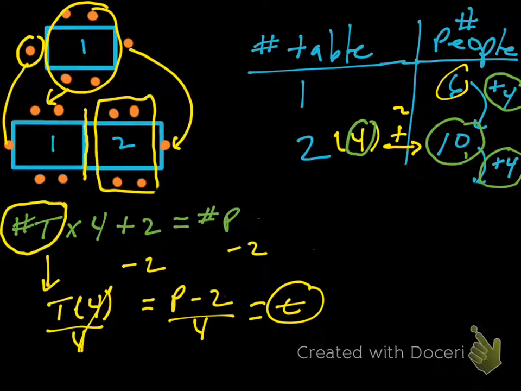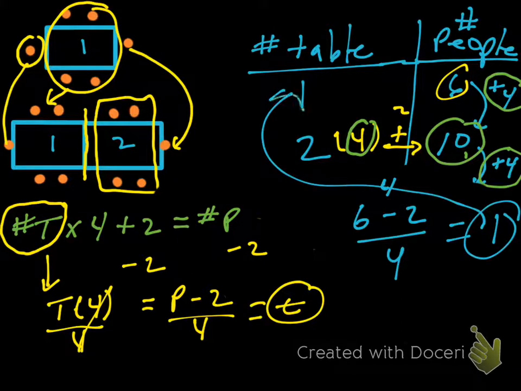Let's plug it into the formula. If we have 6 people, take away 2, divided by 4, how many tables are we going to need? Well, 6 minus 2 is 4, and 4 divided by 4 is 1. And that does give you the correct number. So it works for the simplest case.